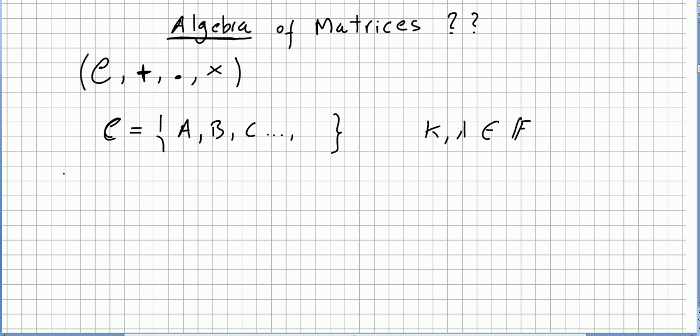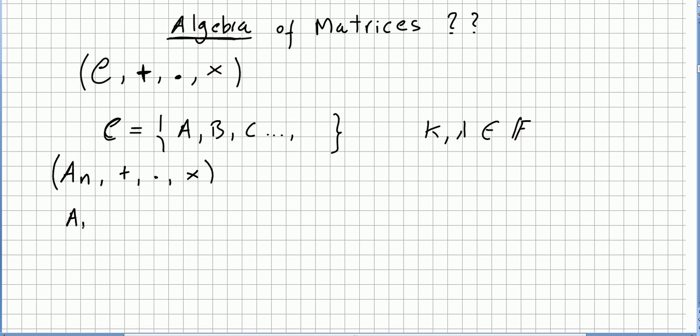Let us pick an example: all n by n matrices, 2 by 2 or 3 by 3 or 4 by 4. Is this collection of square matrices an algebra? Well, let us see.